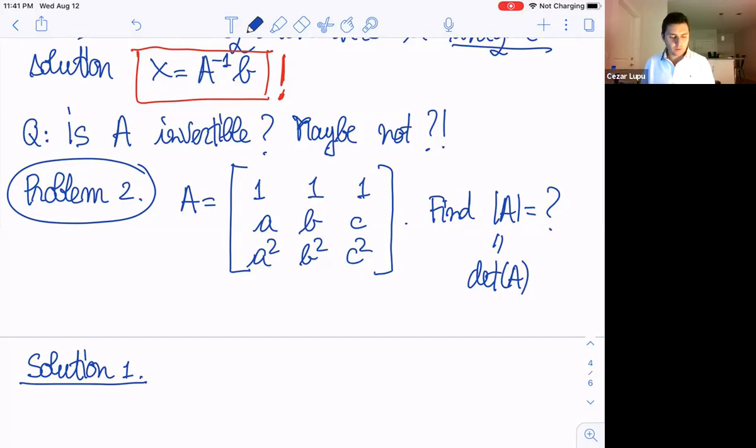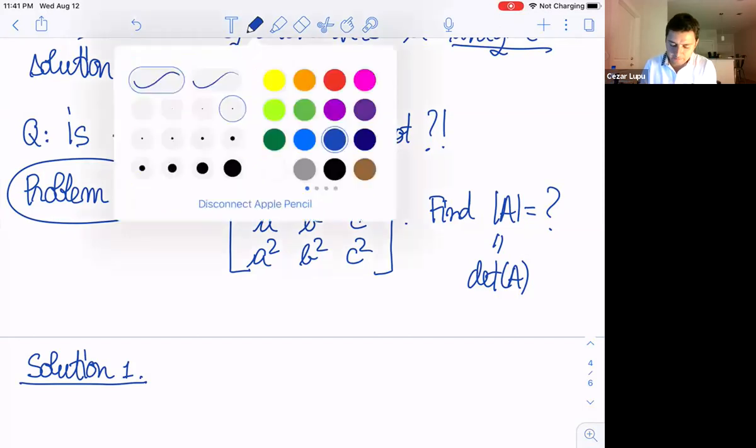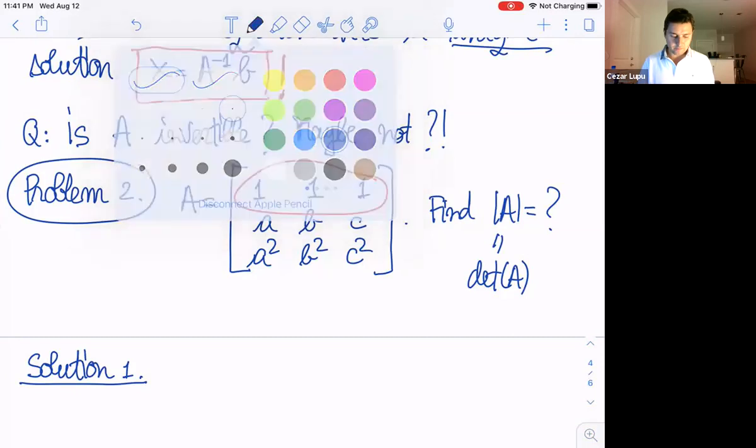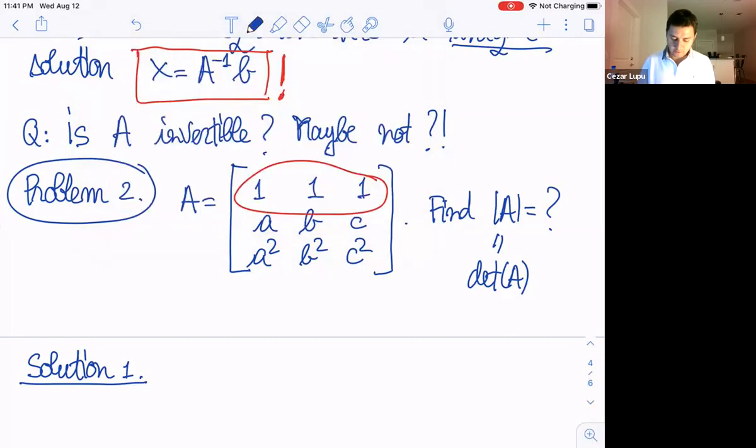We'll do it. I'll give you 3 solutions to this. Let's see the first solution. If you look at it, I have a bunch of 1s on the first row. Maybe I should expand on the first row.